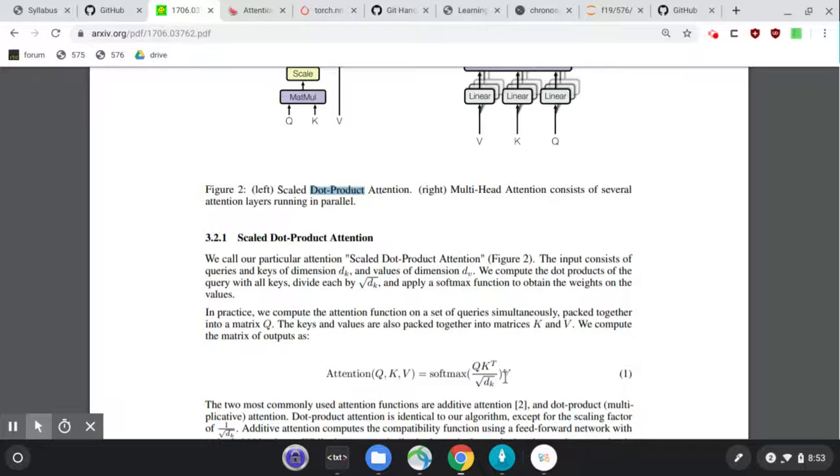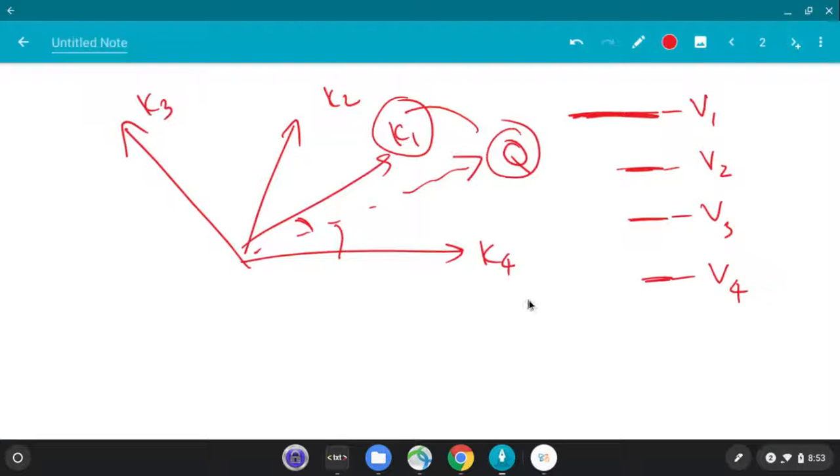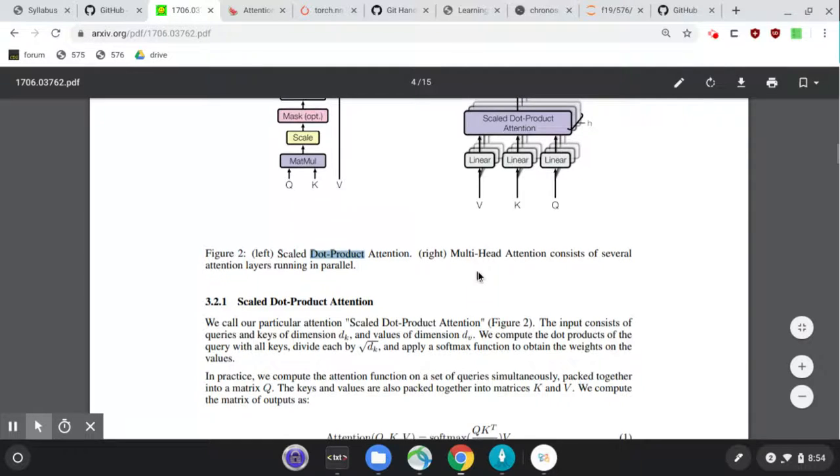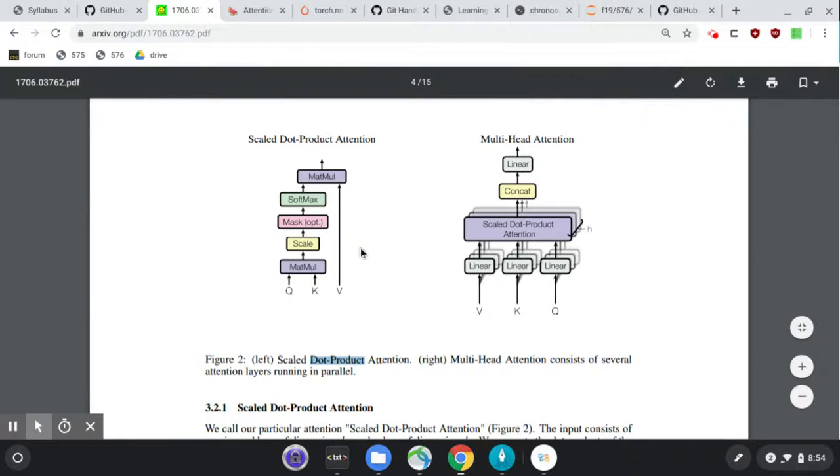It's a multiplication of query with keys, then rescaling, which is the scaling part, and then a multiplication with the values. Once you have a distribution over these values, you can just add them together. The vector which is most relevant will be highly upweighted, and vectors which are irrelevant are downweighted, so they're not going to be used for making that word prediction. That was the most important part.